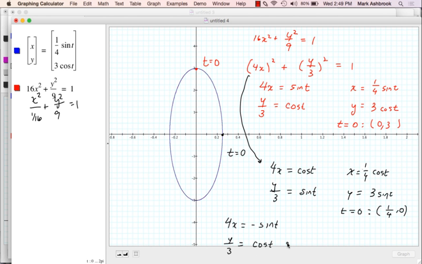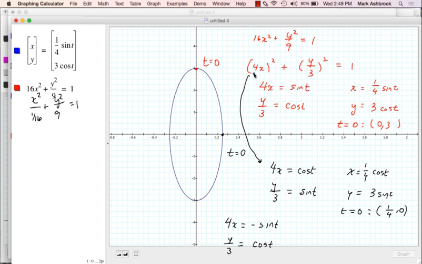There's actually, how many different ways? 8. There's 8 different ways to do this by switching sine and cosine and switching their signs, plus or minus. No, 4. Just change the range. 4. Sine or negative sine.